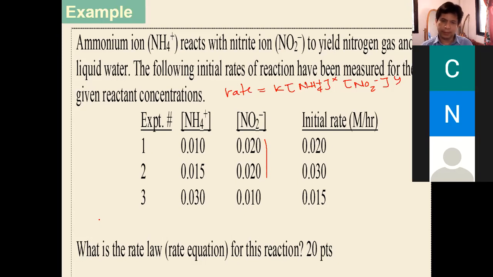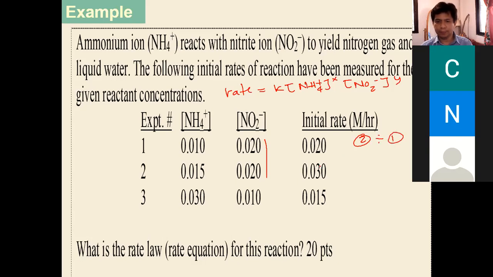Okay, so first let's try to find yung X. So to find X, alam niyo na naman, if you're going to set up the equation, it would be halimbawa equation 2 divided by equation 1.